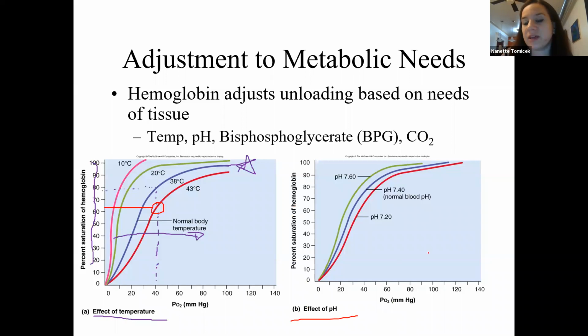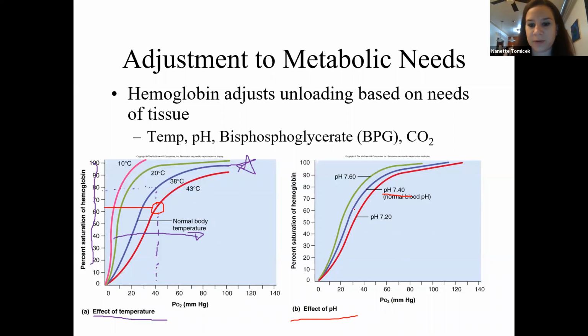pH, same thing. We're going to find out that there's actually a pretty big link between blood pH and blood CO2 in the next mechanism. So again, if we focus on the purple curve, a normal blood pH is 7.4 in a healthy human. Once you start exercising, your blood actually becomes a little bit more acidic.